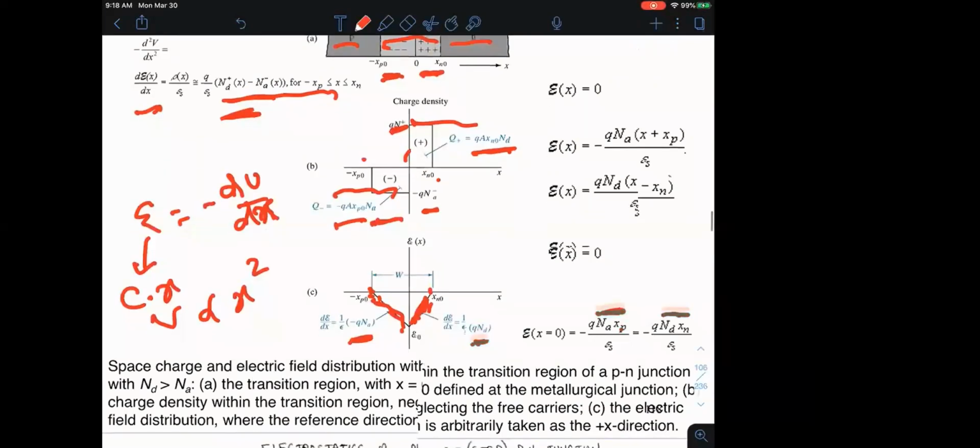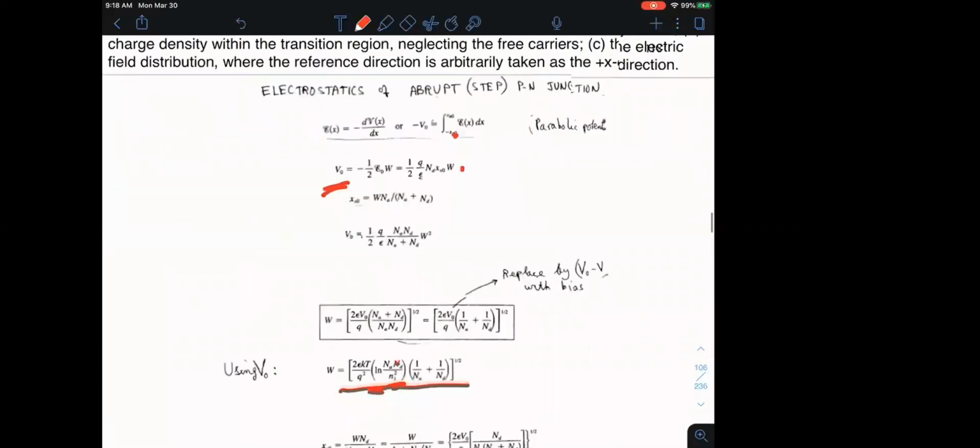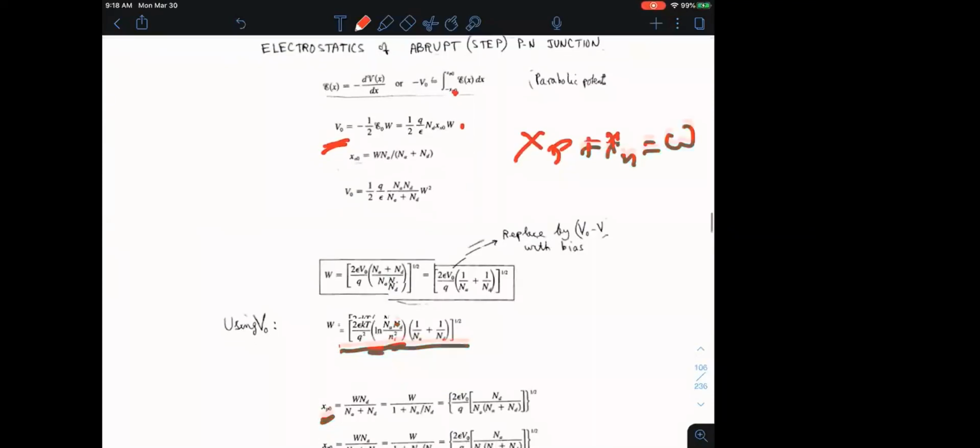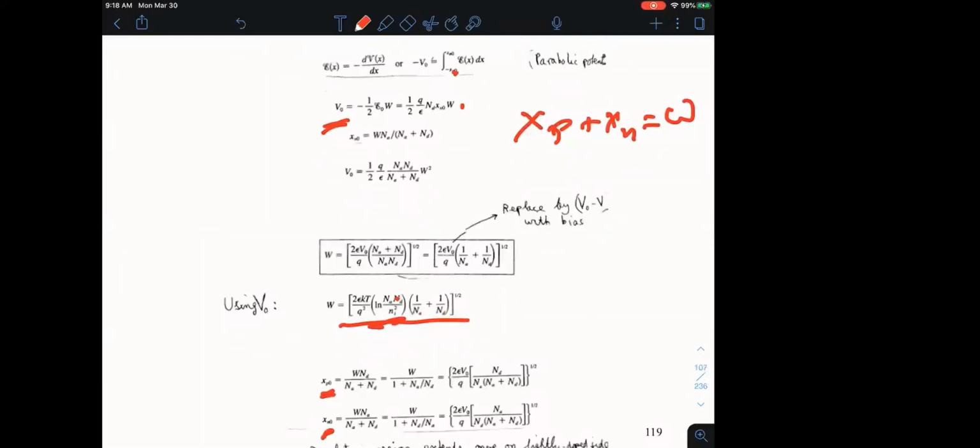And then, of course, you also have Xp plus Xn equals the total depletion width. By solving those two algebraic equations simultaneously, you can come up with expressions for how much the depletion region spreads on the N side versus the P side.